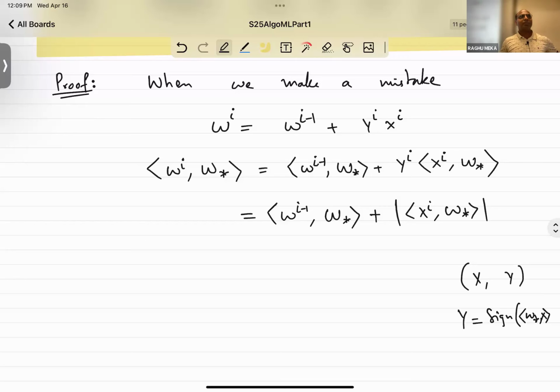Exactly, right? So that's where margin comes in. When you have margin, it helps you in saying whenever you make a mistake, you actually make some noticeable progress towards the unknown W star. Okay?